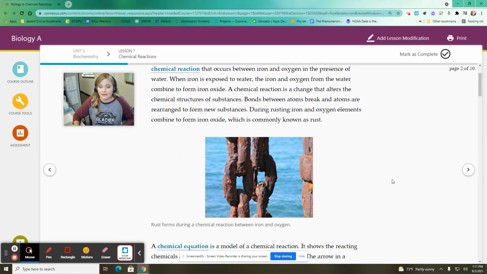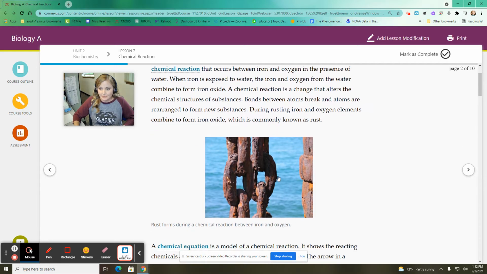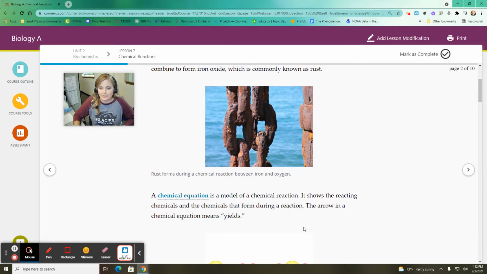They're giving you an example here of rusting: iron can react with the oxygen in the atmosphere to form something called iron oxide. So you have iron bonding to oxygen, forming a new substance. It's a synthesis reaction, and it forms a substance called rust. That's one example of a chemical reaction you might be familiar with.